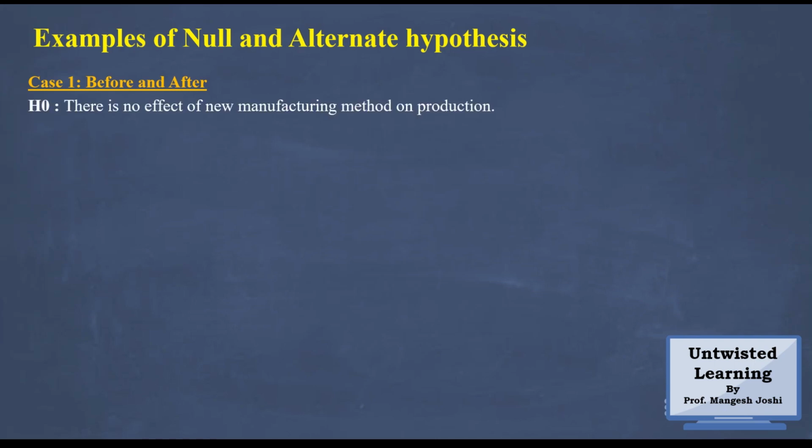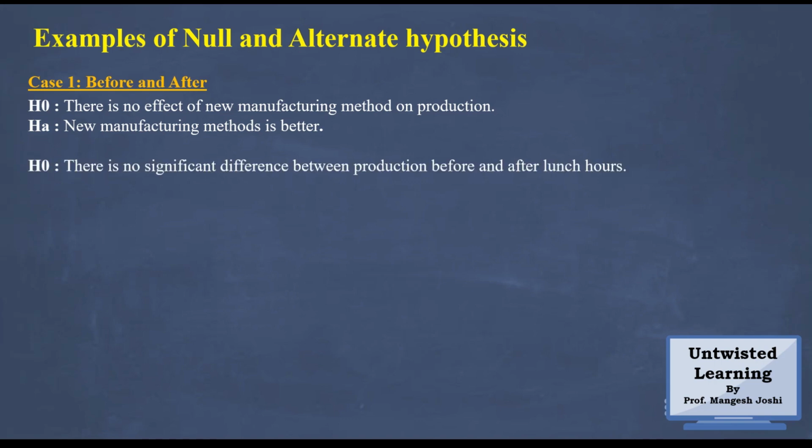H0 is that there is no effect of the new manufacturing method on production. The alternate statement to this will be that the new manufacturing method is better. Another case could be that there is no significant difference between production before and after lunch hours, and the alternate is that there is a significant difference.